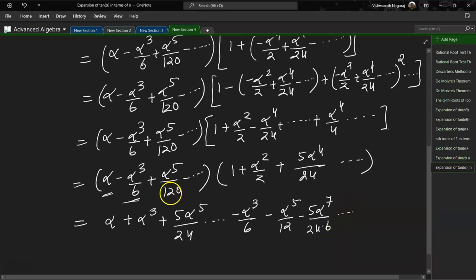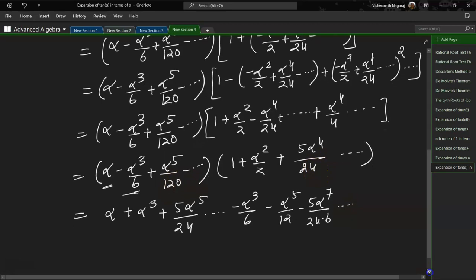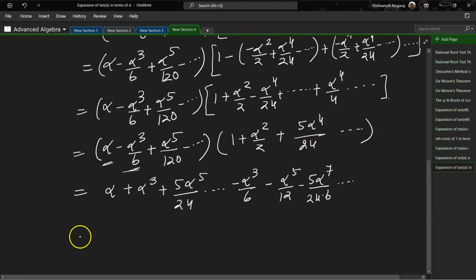We can distribute this as well here, yes, but we will keep it simple. Okay, so now here if you notice we have alpha to the power of 5, alpha to the power of 5, alpha to the power of 3, alpha to the power of 3. Why is there no denominator here by 2?